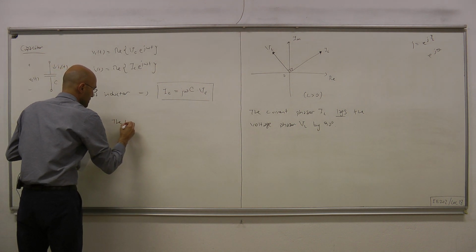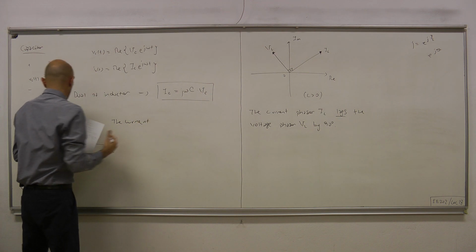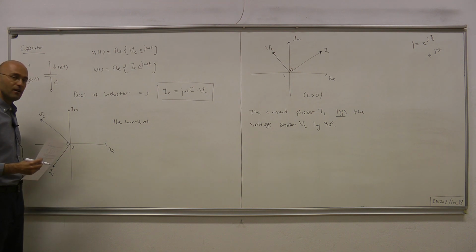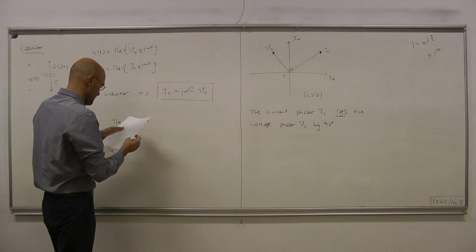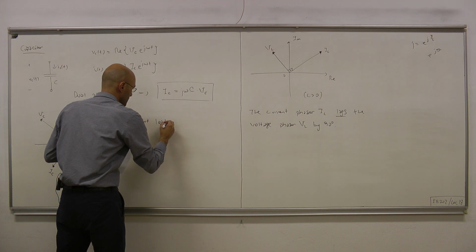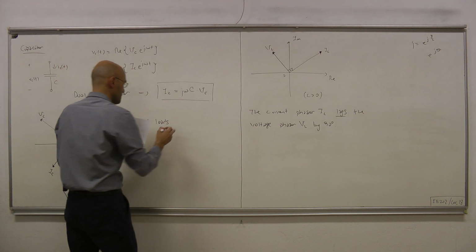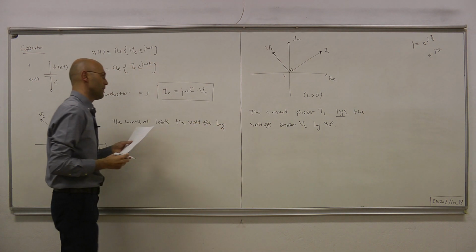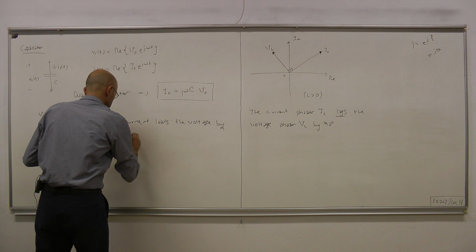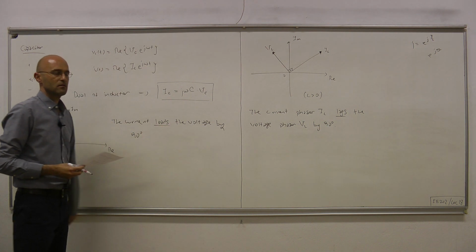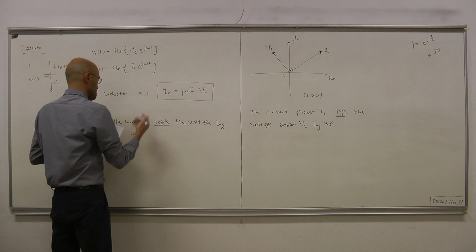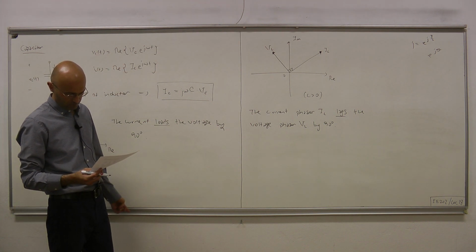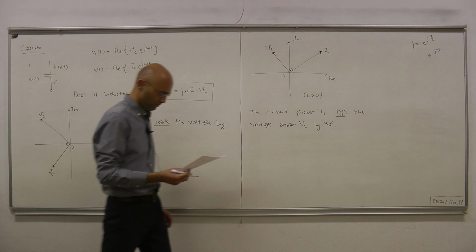And for this case, this time voltage is running behind the current, and current this time leads the voltage by 90 degrees. Or you can say voltage lags the current by 90 degrees.